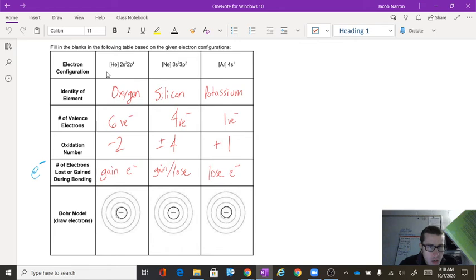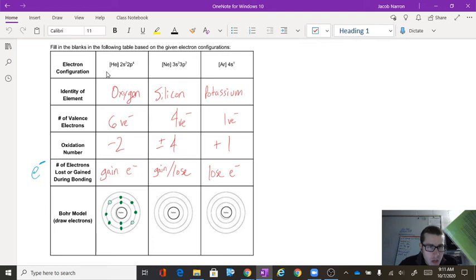Here we go. So oxygen. Normally, oxygen has 8 electrons. So that's 1, 2, 3, 4, 5, 6, 7, 8. However, if it were to gain electrons, then it would have 2 extra electrons right there, and I'm going to leave them as hollow.